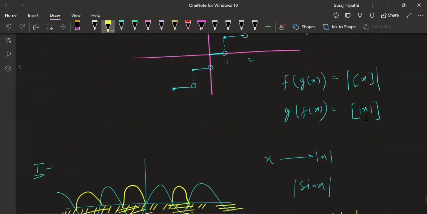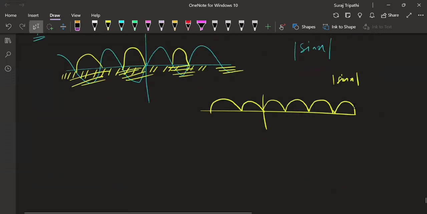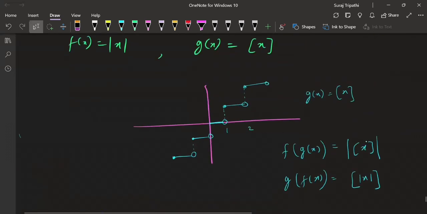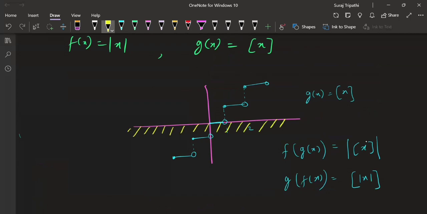Now just see, we have to find the mod of this box x. That means whatever function is given below the x axis, we have to copy that function. We have to take the reflection of that function with respect to this line, that is the x axis. So now if you take the reflection here, you will get this curve here.